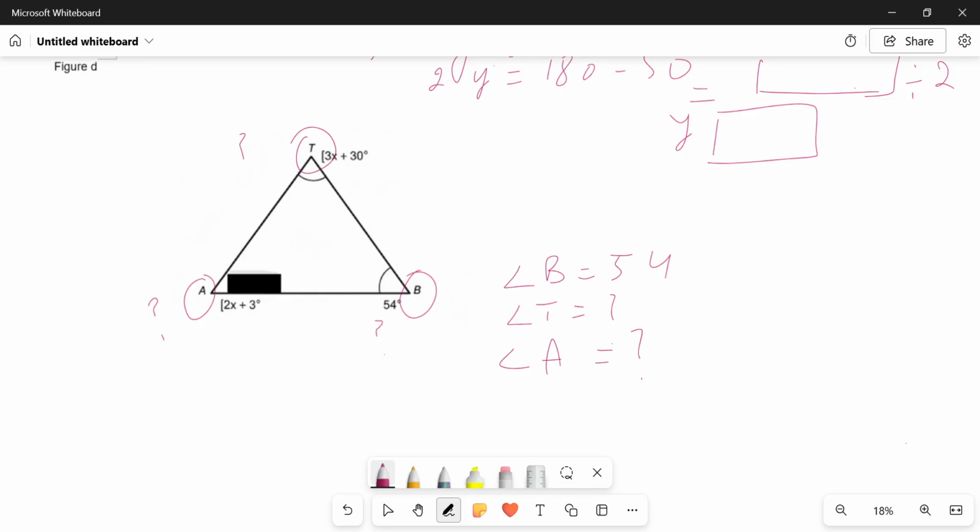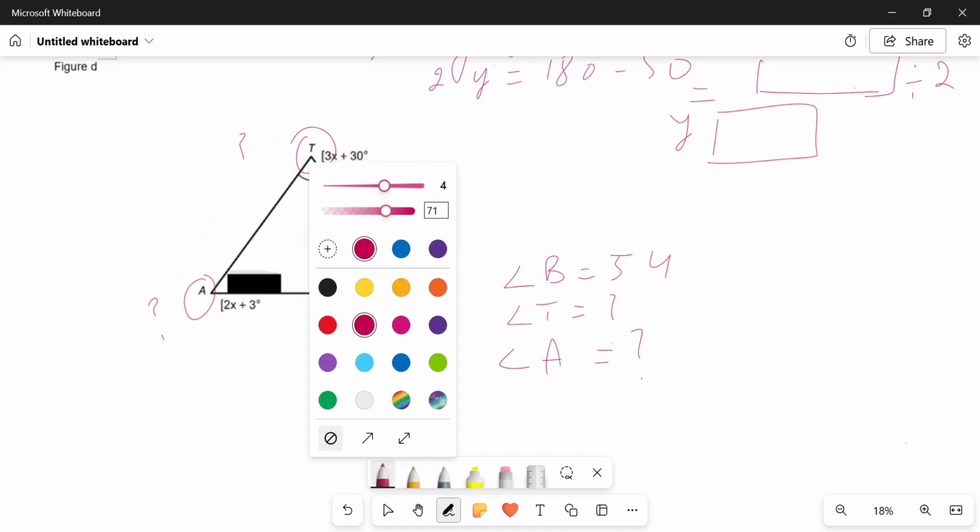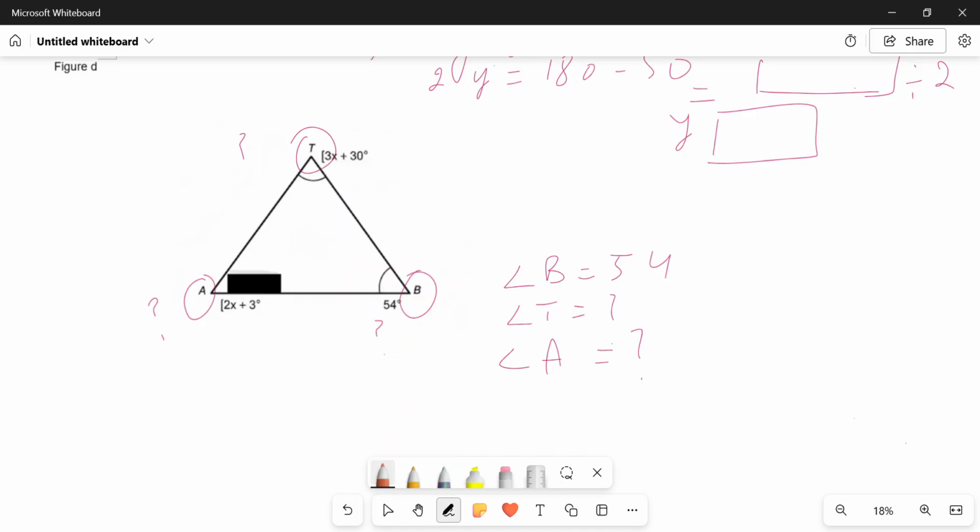First of all, here it is written as expressions, 3x plus 30 and 2x plus 3. So you need to find out the value of x. How are you going to find it? As we know, the sum of a triangle is 180 degrees.